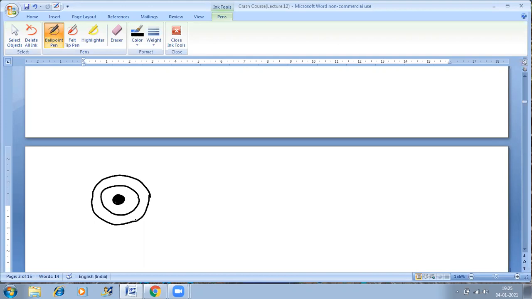So the charge on the nucleus is only because of the protons which are present. So the nucleus is positively charged, and the electrons which are present in the shells are negatively charged.